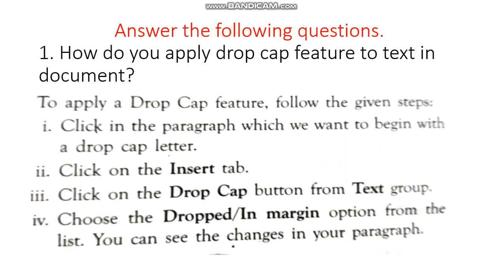Second, click on the Insert tab. Third, click on the drop cap button from text group. Fourth one, choose the dropped or in margin option from the list. You can see the changes in your paragraph.